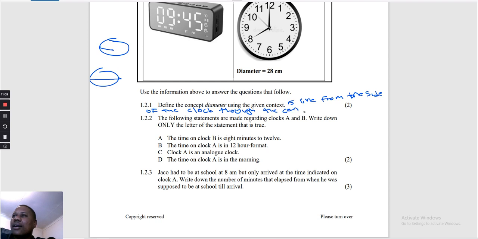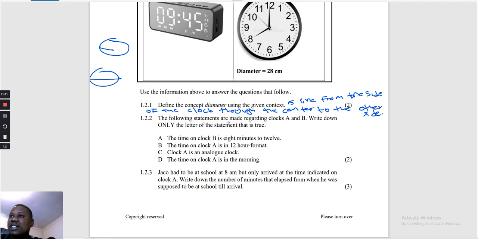It must pass the center, né? Through the center to the other side. That is the diameter. But the radius, if we were to explain the radius, I'm just giving an example, we're going to say the radius is the line from the side of the clock to the center of the clock. But when we talk about the diameter, now it moves from this side to the other side, but it passes what? The center.